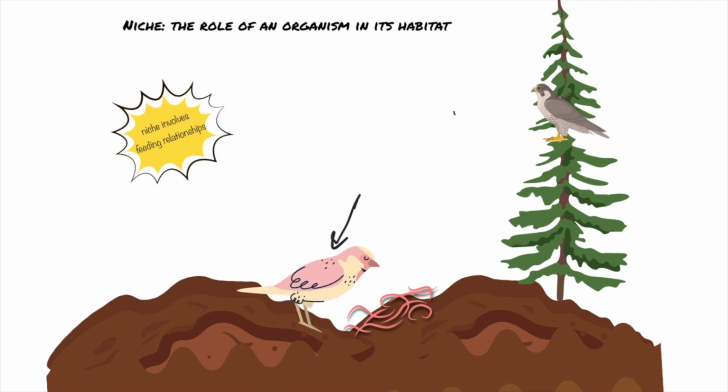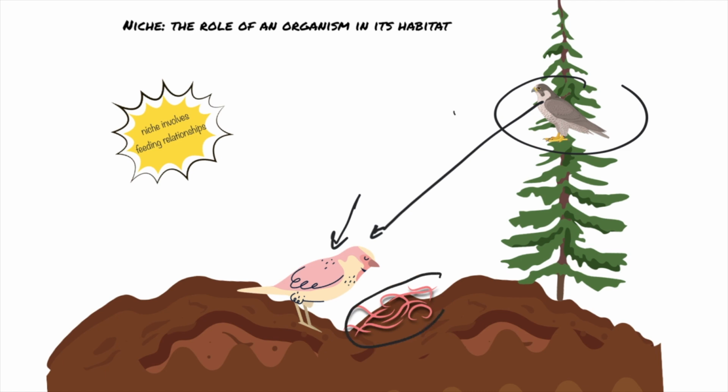So for instance, I would say that this bird provides energy to the larger bird there on the tree. It feeds on those worms, so it controls the population size of those worms. So that would be the role of this bird in this habitat.